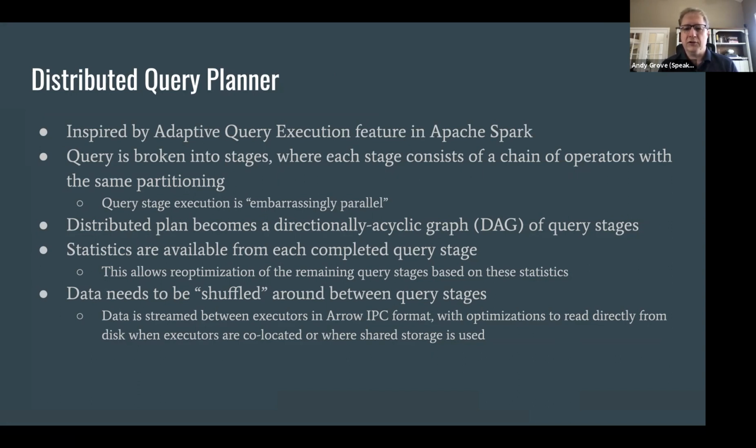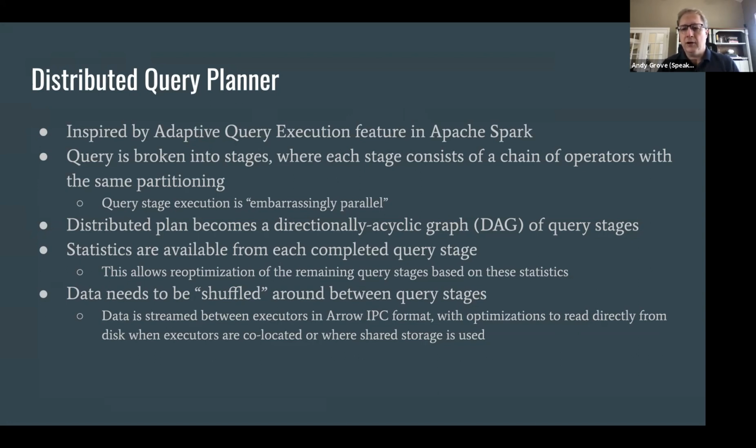When partitioning changes, you have to shuffle data around before you can execute the next stage. So the basic approach is that the planner will break the query down into stages. Within each stage, the partitioning is the same throughout the operators in that stage. So in other words, they're embarrassingly parallel.